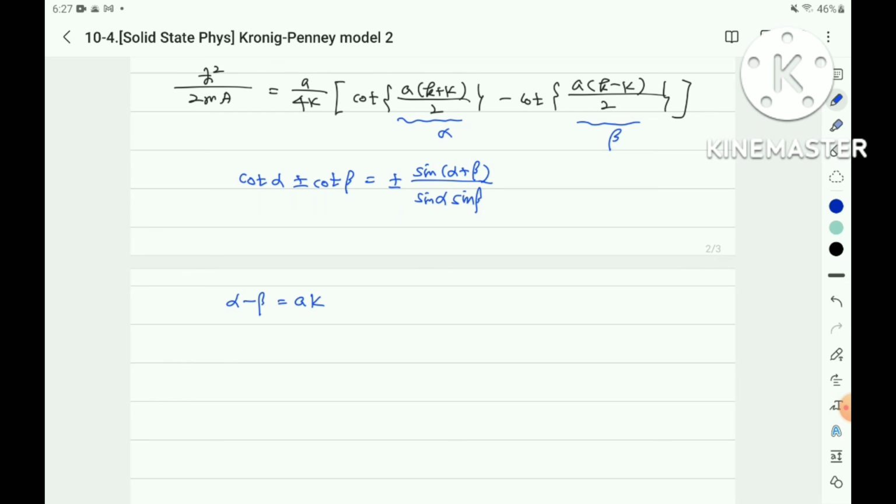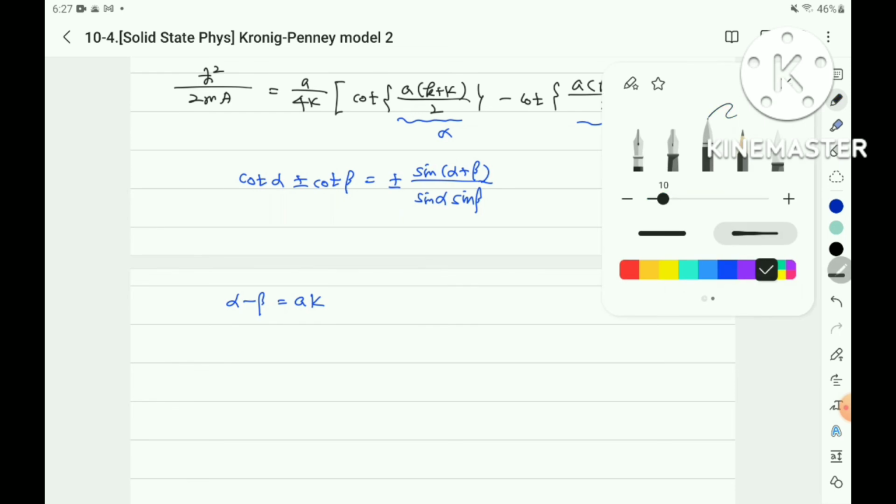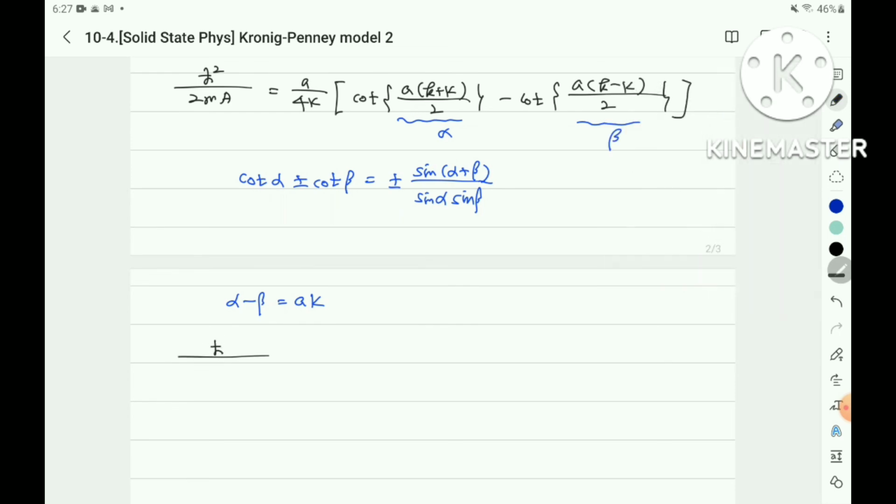And therefore h bar square over 2ma is, here minus, therefore it is minus a over 4k, here plus or minus, alpha minus beta is ak, sine ak, and sine alpha sine beta.